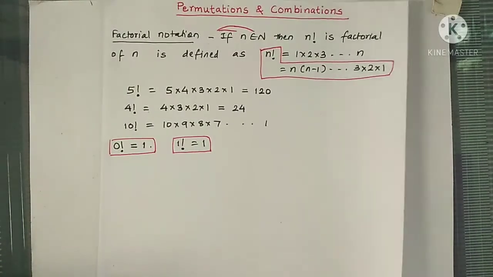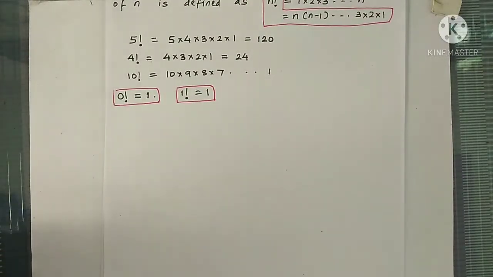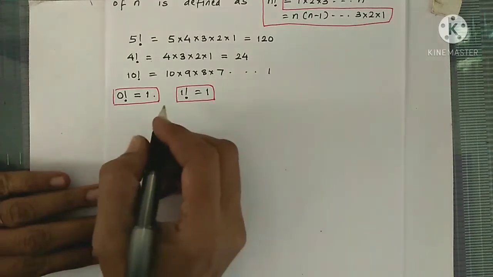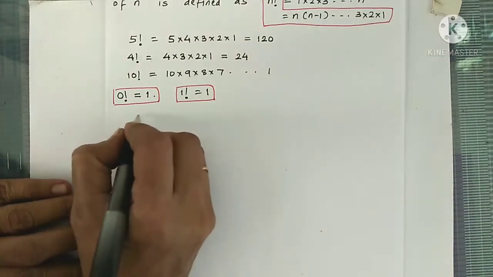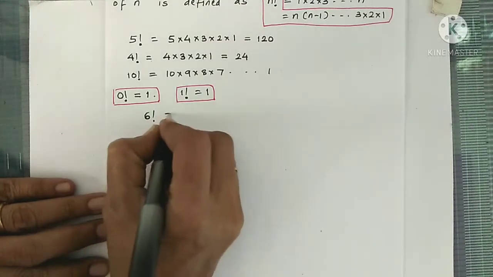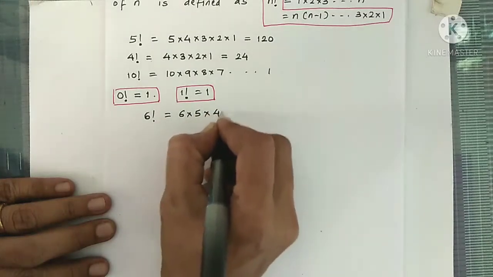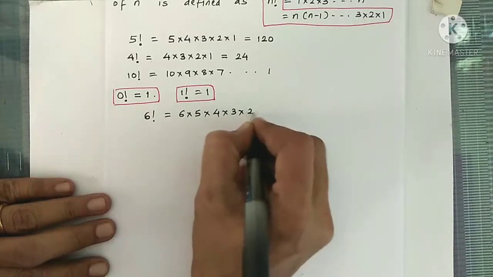Now let's solve some examples involving this factorial notation. But before that, let's study one property of n factorial. See here, 6 factorial is 6, 5, 4, 3, 2, 1.